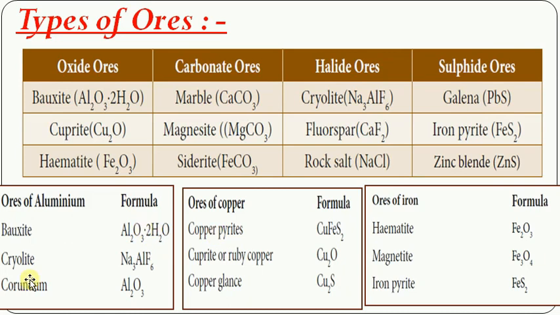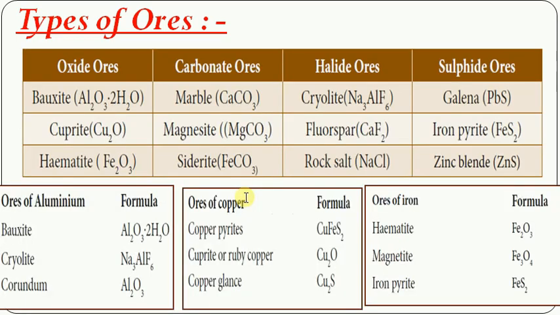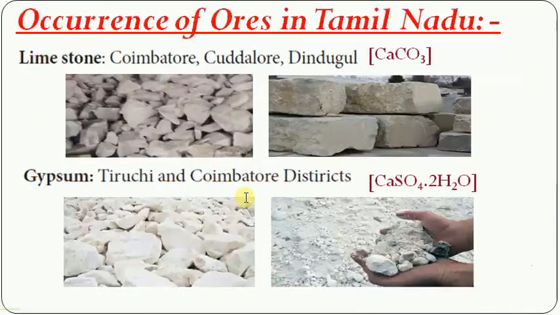Bauxite is an oxide ore, cryolite is a halide ore, corundum is an oxide ore, copper pyrite is a sulfide ore, cuprite is an oxide ore, copper glance is a sulfide ore, hematite and magnetite are oxide ores, and iron pyrite is a sulfide ore. So any one of these categories we can easily accommodate. These are the types of ores we have based on the compounds.